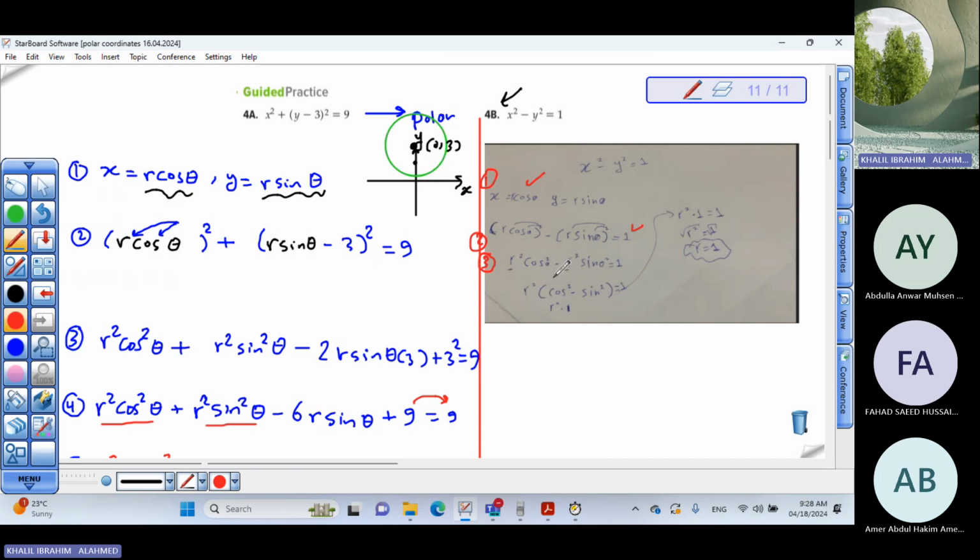Oh, we discover a mistake. Mr. Abdullah, here it is cosine squared minus sine squared. We cannot say this equals 1, just plus. As you see here, cosine squared plus sine squared equals 1. Step 4, I think, is wrong. Why? Because cosine squared minus sine squared, we cannot say that equals 1. Okay, be careful, Abdullah.